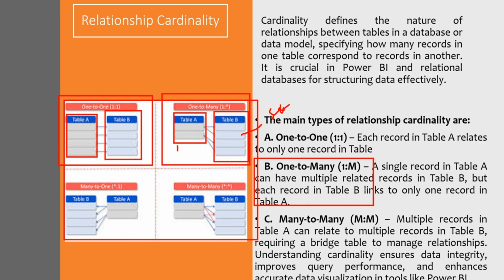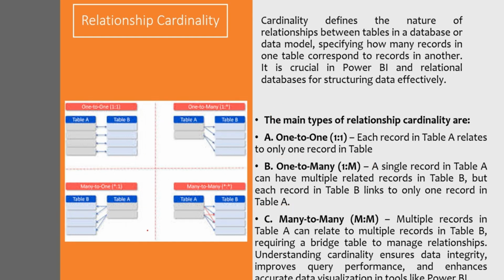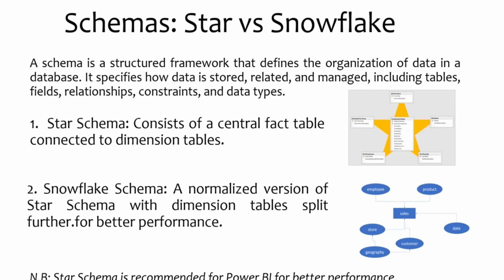Many to one is the same thing as one to many. While the last one, many to many, you can see many records in table A for one individual and many records in table B for that same individual, right? So that is what this is all about.